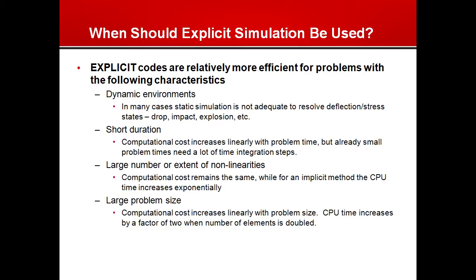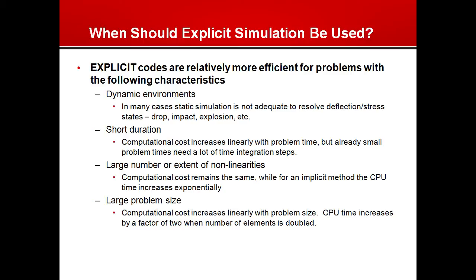But the next question I should be asking myself is, how long is this event? If it's a very short duration event, that also leads me to believe that explicit technology is appropriate. You'll see that because of the explicit solver technology, and we won't get into all the details of it, there tends to be very short time steps. And that means to do a dynamic event of any significant duration takes a lot of these time steps.